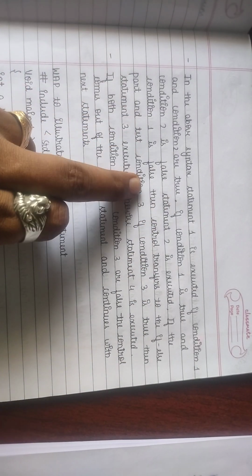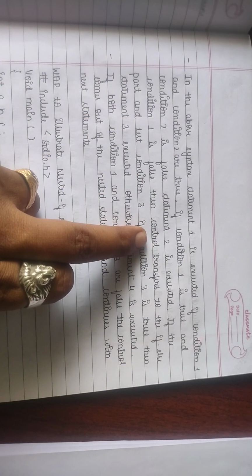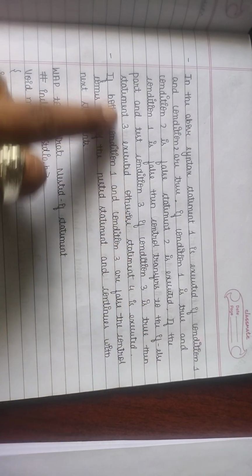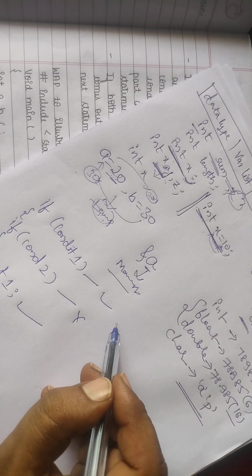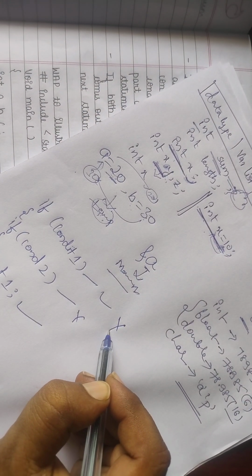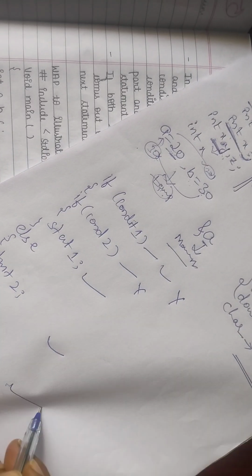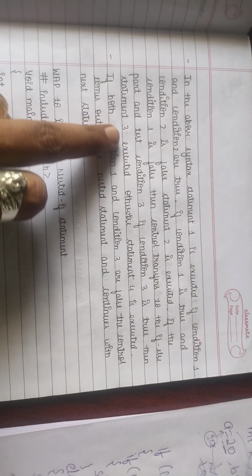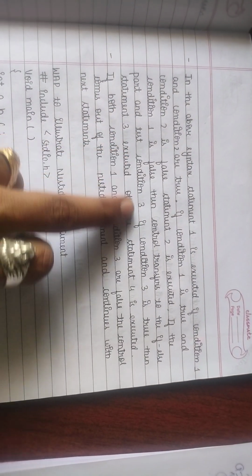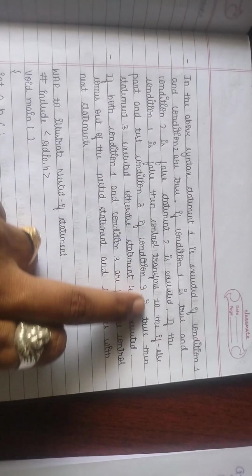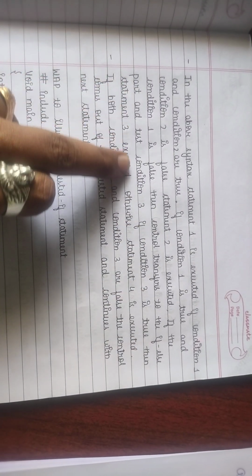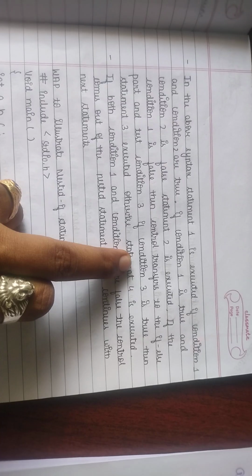If condition 1 is false, the control transfers to the else part. If only the first condition is false, then it moves forward to the else part, right? Then it tests condition 3.